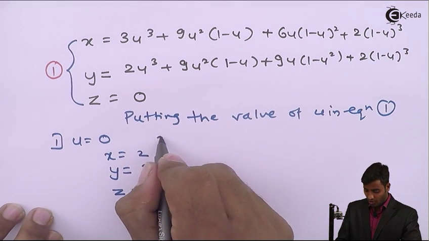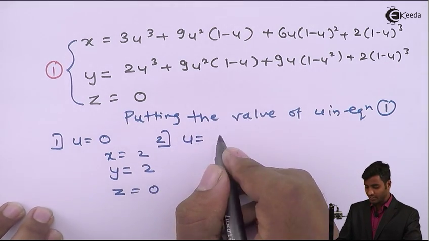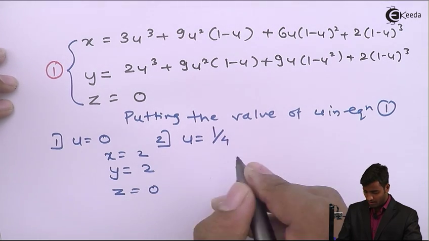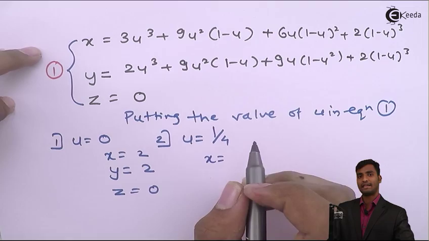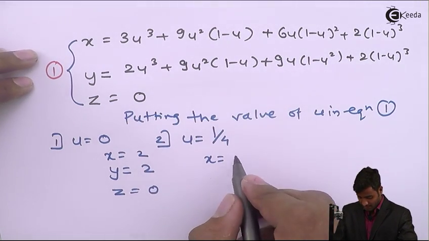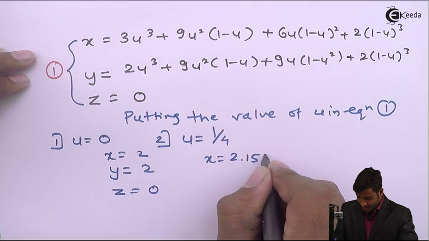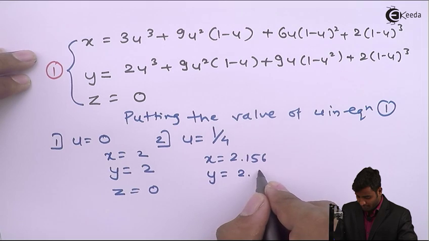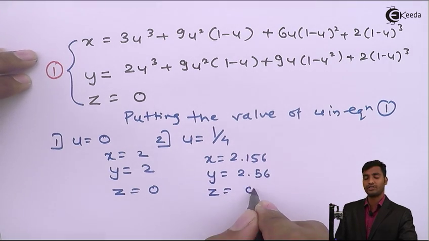Similarly for u is equal to 1 by 4, by replacing the value of u as 1 by 4, I get the value of x as 2.156, and the value of y as 2.56, and the value of z is 0.